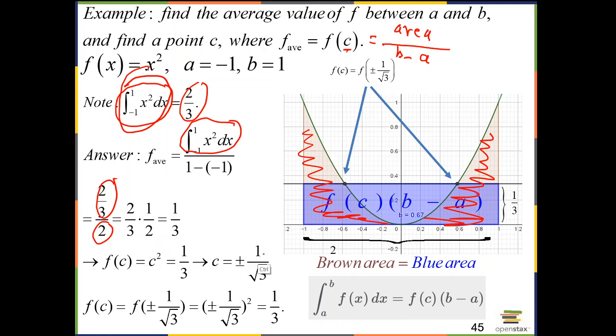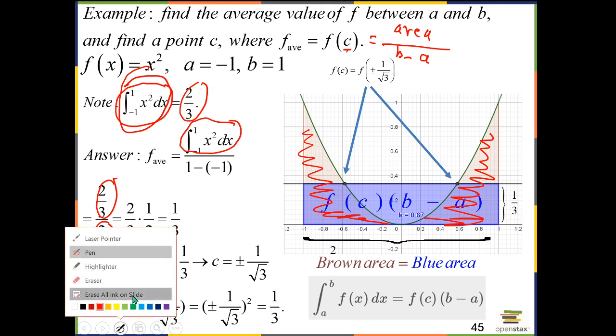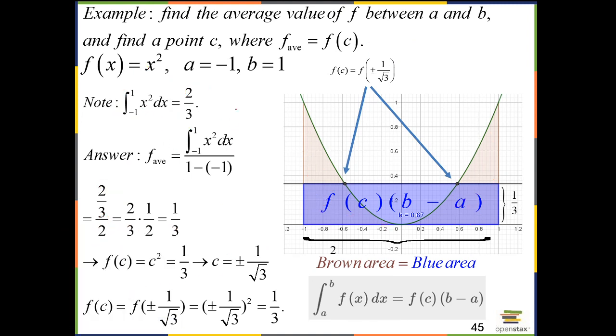Now, when we substitute 1 over square root of 3 for x, let me clean this mess. So if f of x equals that, if I put 1 over square root of 3 in there, square it, I just get 1/3, right? Even negative 1 over square root of 3 gives me the same thing, 1/3. So f of plus and minus 1 over square root of 3 is just 1/3.